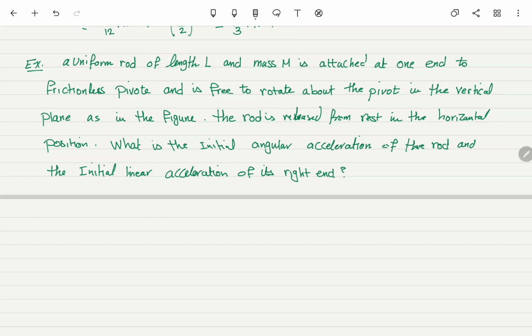Now let's draw the situation. So here's the fixed part here, and here's the pivot here.